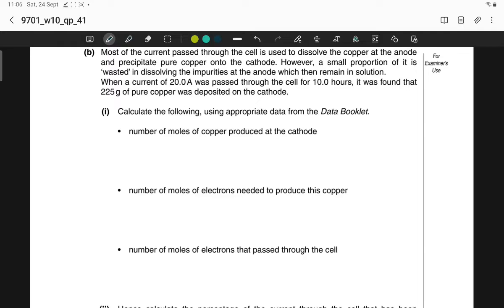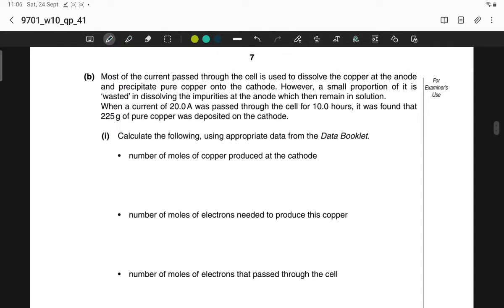Most of the current passed through the cell is used to dissolve the copper at the anode and deposit pure copper onto the cathode. However, a small proportion of it is wasted in dissolving the impurities at the anode, which then remain in solution. When a current of 20 ampere was passed through the cell for 10 hours, 25 gram of pure copper was deposited on the cathode. Calculate the following using appropriate data from the data booklet.